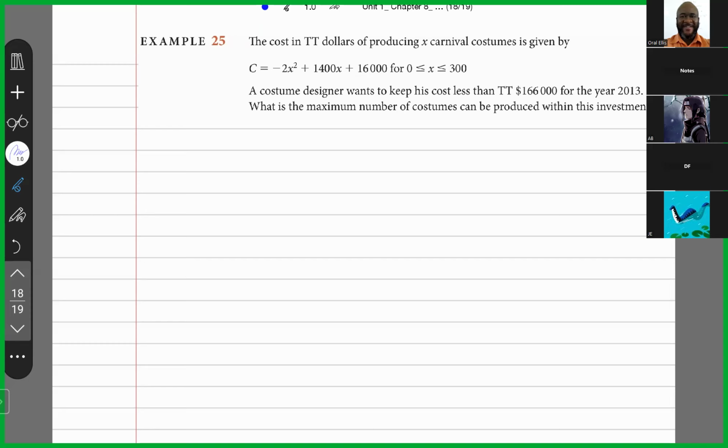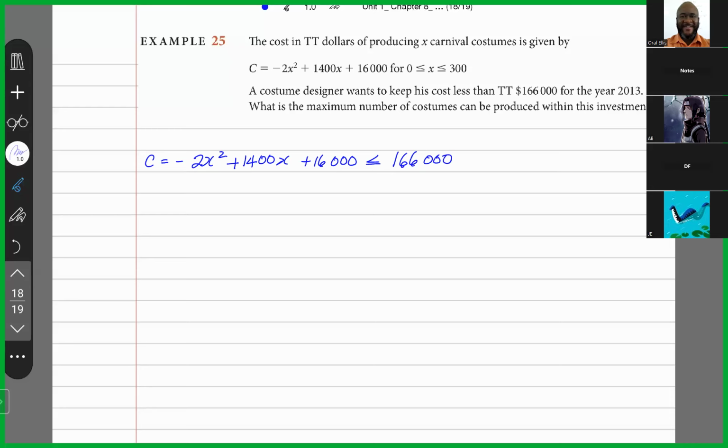So the cost of producing the costumes, C, which is minus 2x squared plus 1,400x plus 16,000, must be less than or equal to 166,000. Why less than or equal to? Because you can spend all the money that you have or spend less than it, but you can't spend more.